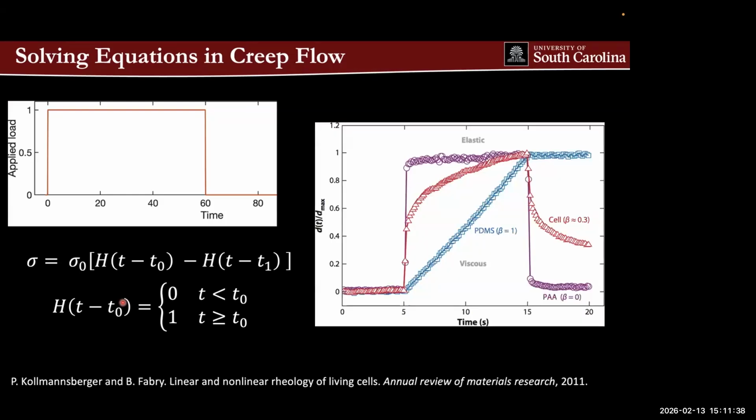And just to bring the point home, this is not just an academic experiment in my head. People actually do this, right? Here we have two types of polymer systems, the PEA and PDMS. One behaves like an elastic solid, like a spring, and the other one behaves like a dashpot. And they also measured the creep recovery of some cells.